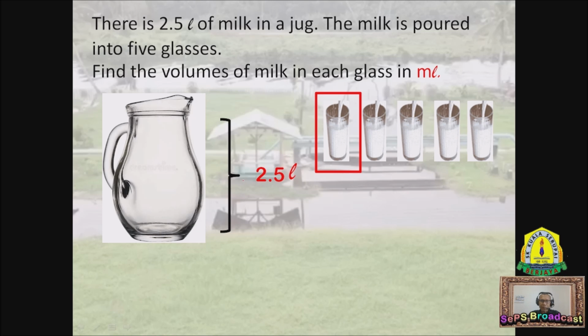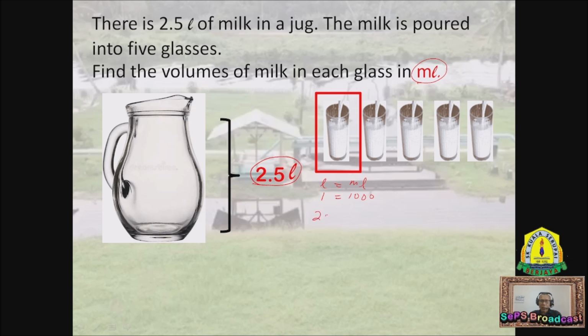Okay, so we look at the unit. The answer must be in milliliters. So the first step to do is liter to milliliter, meaning 1 liter equals 1000 milliliters.